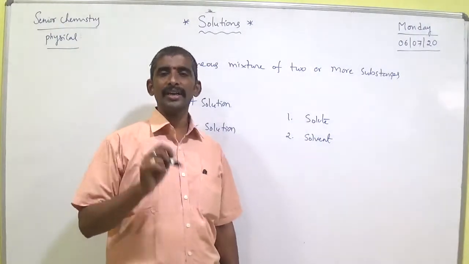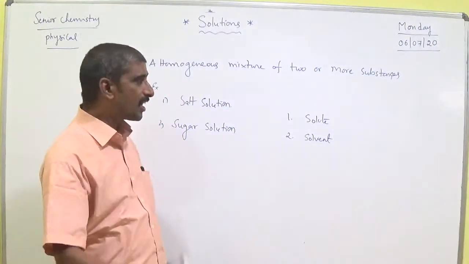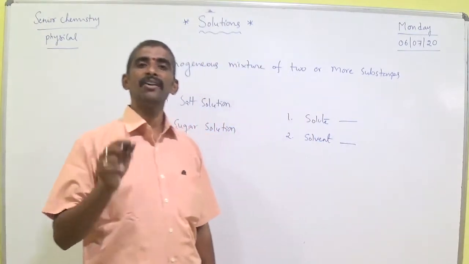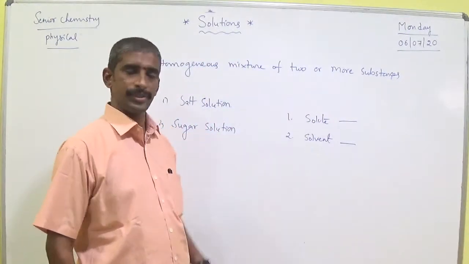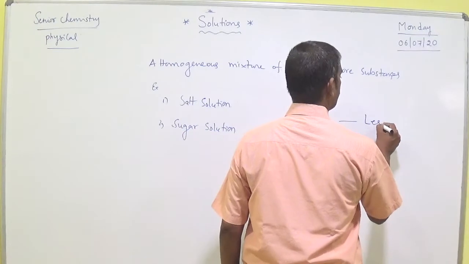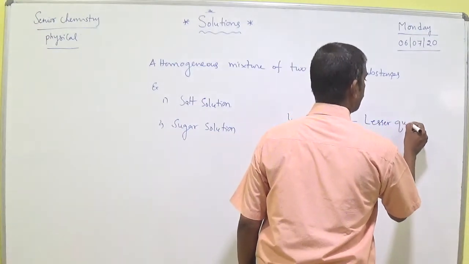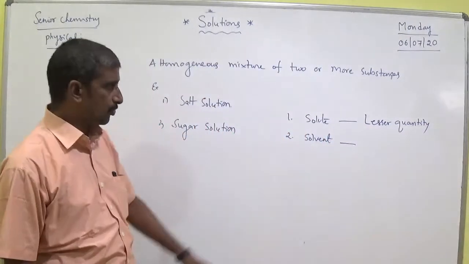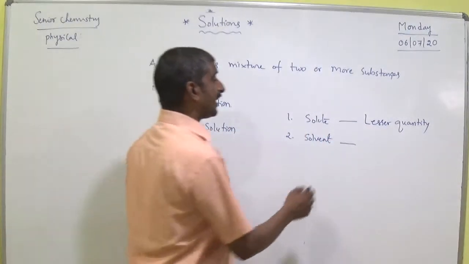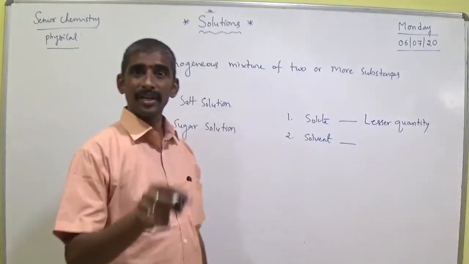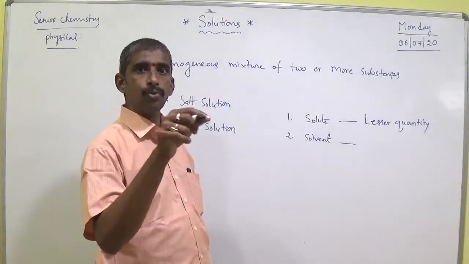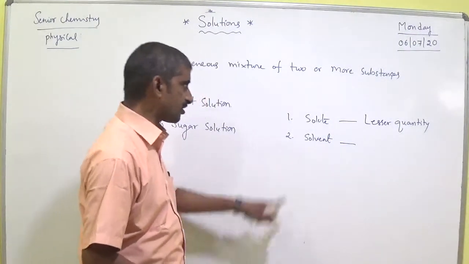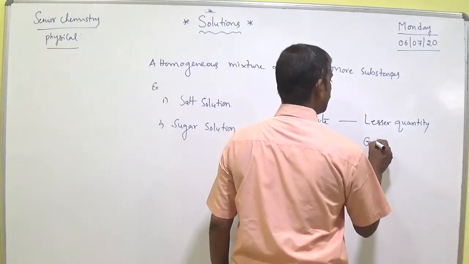The component of lesser quantity in a solution is known as a solute. And the component of greater quantity in a solution is known as a solvent.